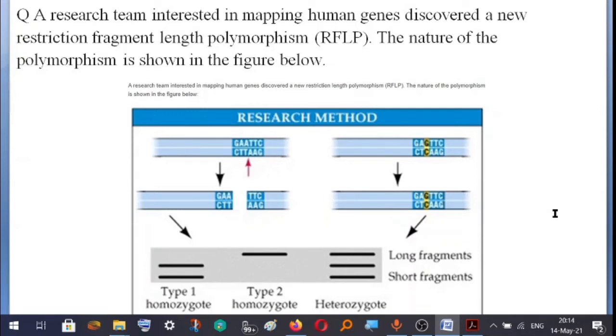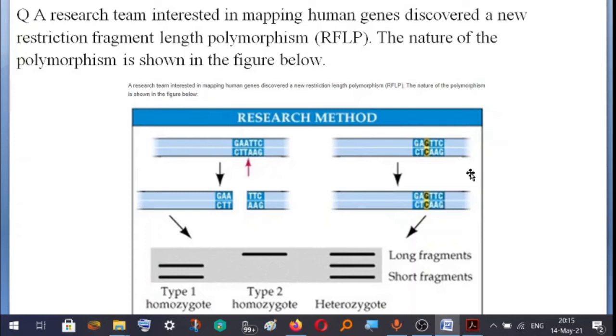We have discussed that SNP is a single nucleotide polymorphism, that is the change in a single base pair at a specific location. Sometimes, in the course of evolution, by chance we find the SNP loci inside the restriction site. I hope you understand what the restriction site is.